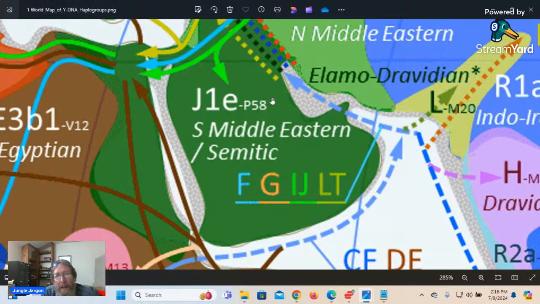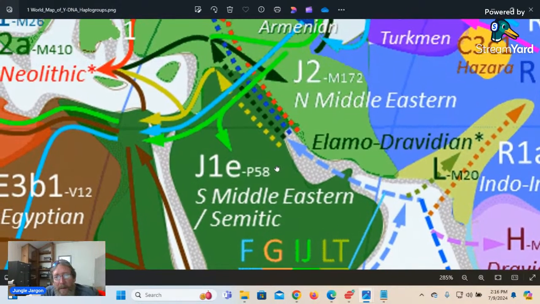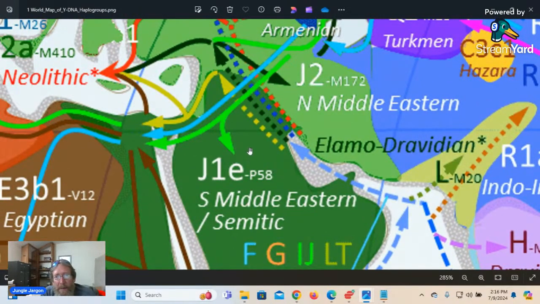Okay, and then, of course, Levi is one of the sons of Jacob, so it identifies the lineage of Abraham as well, which is descended from Arpachshad.